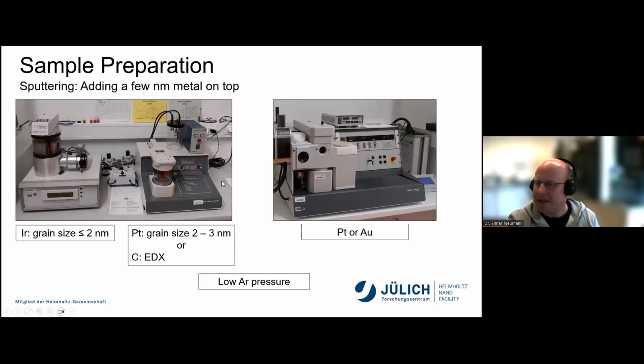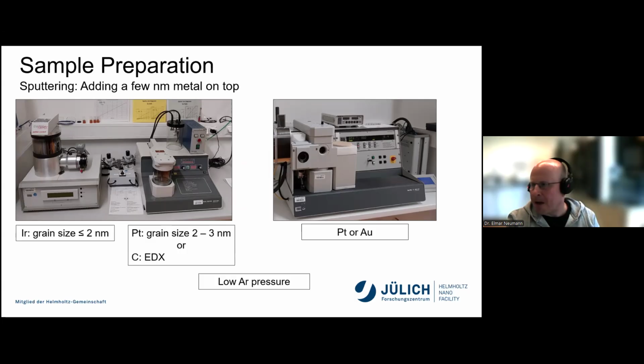So that brings us to the next point: metallizing the surface. As I said before, the samples for SEM should be electrically conductive, which they are not when they are frozen, for example, or resin embedded. So metallization means you add a few nanometers of metal on the surface in order to dissipate both charge and also heat.